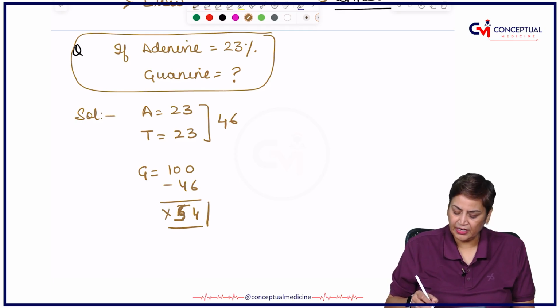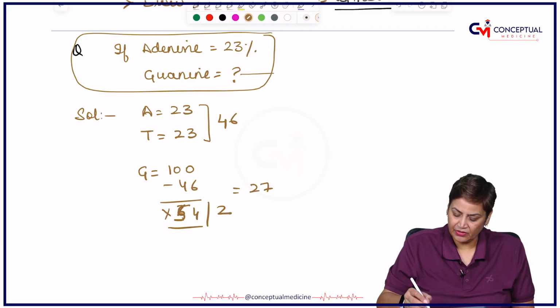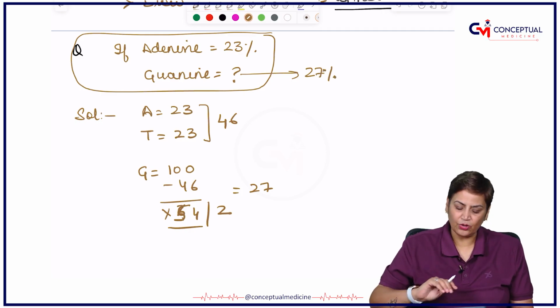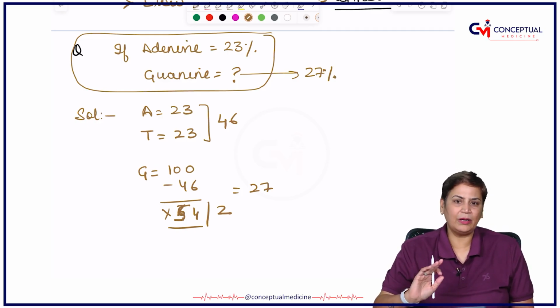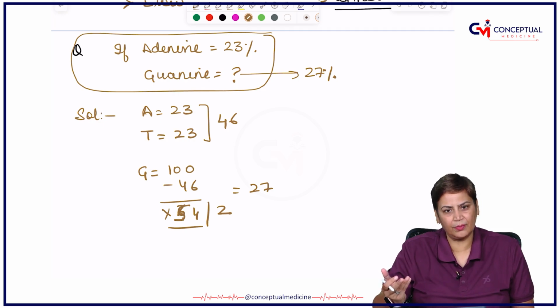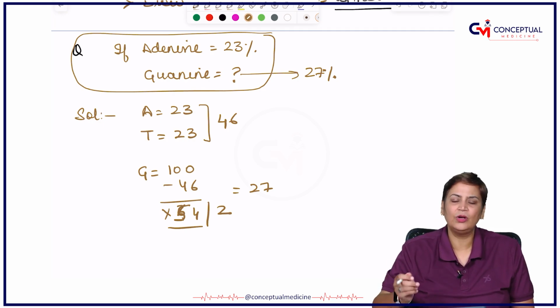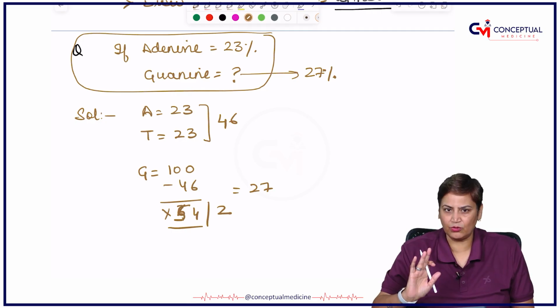So 54 divided by 2 will be equivalent to 27. So the answer is guanine will be equivalent to 27%. So these are the questions which have been asked in the exam so many times. The composition of one base is given, you have to find out the other base. So I told you, you just have to follow the Chargaff's rules.